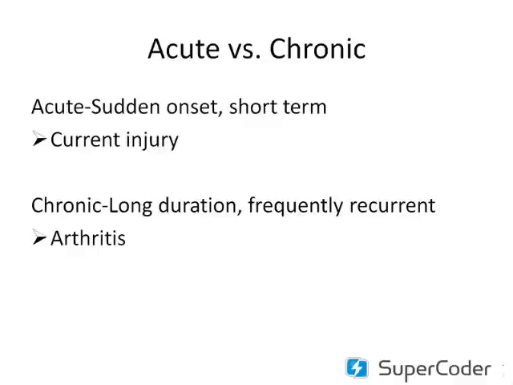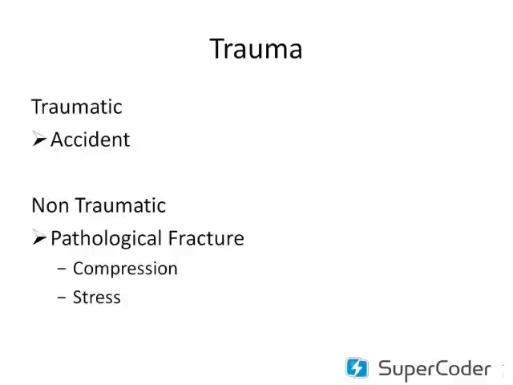The other thing we have is in our fractures, we have trauma or traumatic fractures versus non-traumatic fractures. Our traumatic fractures, again, are usually our accident or injury, where our non-traumatic fractures are pathological fractures. 2 kinds of pathological fractures are a compression fracture or a stress fracture, and these are normally caused by other comorbidities.